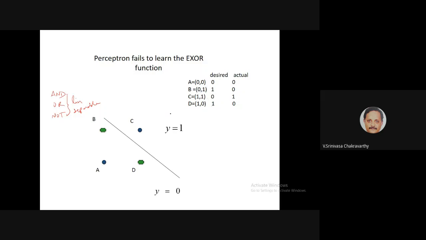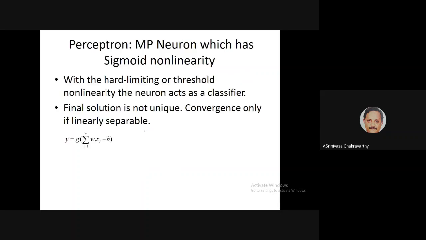If you draw this graphically, the class 1 points are like this, the greens, and the class 2 points are the blues. So I cannot draw a line to separate the greens and the blues. So there's no solution. The perceptron will not find a solution, and that's a limitation. It shows that it will work only for linearly separable patterns.